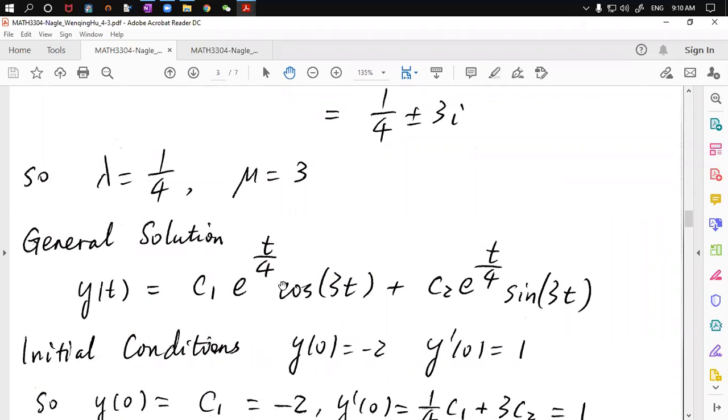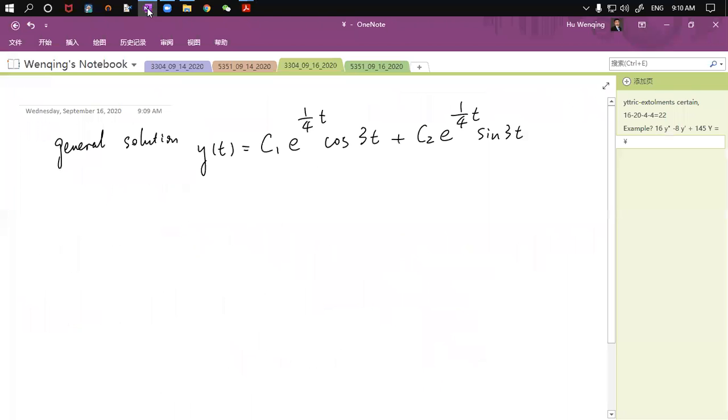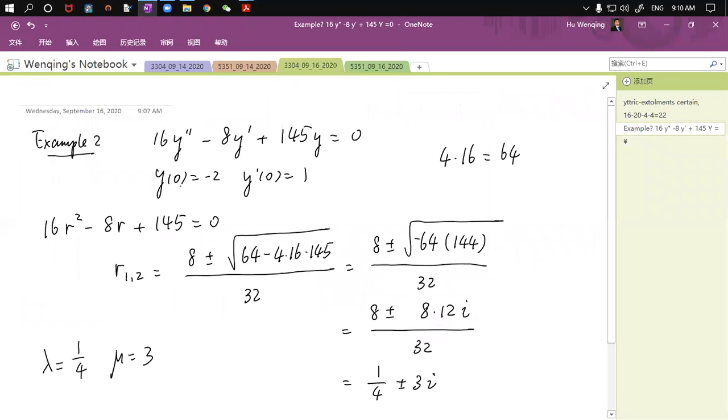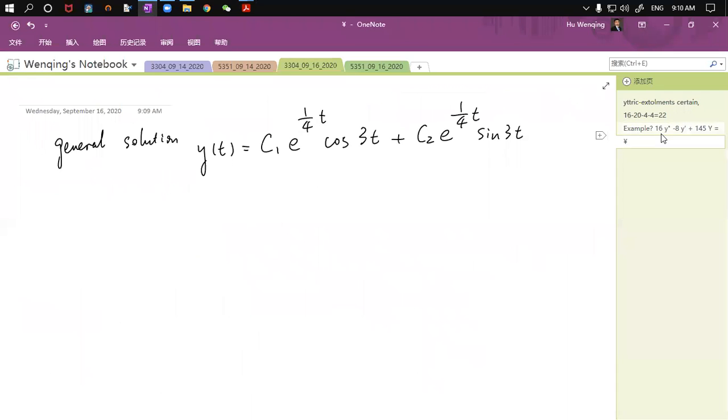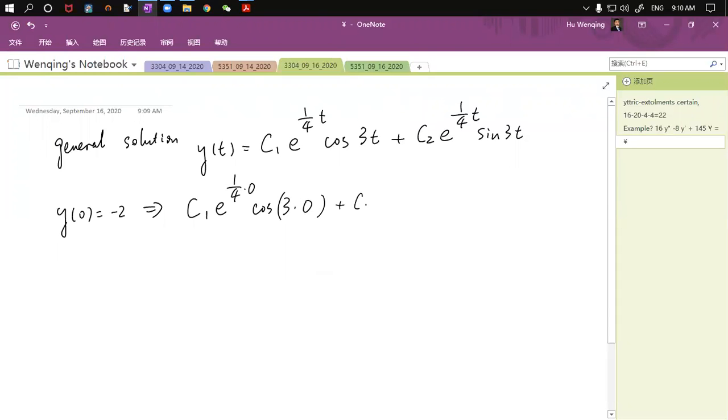Now you have to put in the initial conditions in order to determine those undetermined constants. The initial condition says that y of 0 is -2, y prime of 0 is 1. So y of 0 is -2 is going to tell you, if you take t equal to 0, that basically e to the power of 1/4 multiplied by 0 times cosine of 3 times 0, plus c2 e to the power of 1/4 multiplied by 0 times sine of 3 times 0.